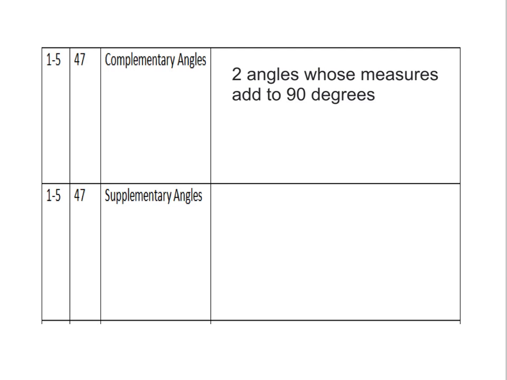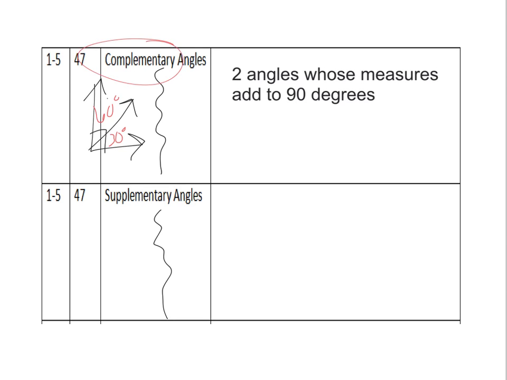So if you have two angles, let's draw a line through here, line through here. So let's put an angle right here. If we take a right angle and we split it, we know they're going to add up to 90 degrees. So like let's pretend that this little one is 60 and this one's 30. So together they add up to 90 degrees, so they're considered complementary.